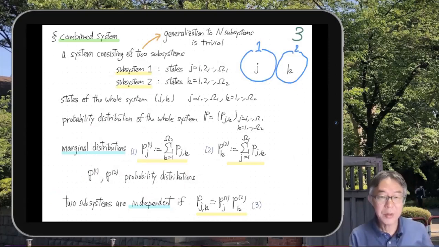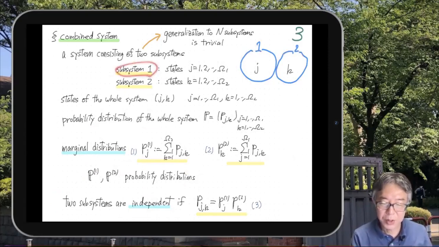Okay. This is an elementary consideration about a combined system. Sometimes you want to consider a system consisting of two subsystems like this. And suppose that the microscopic state of subsystem 1 is denoted as j, and it runs from 1 to omega_1. And the microscopic state of subsystem 2 is denoted as k, and it runs from 1 to omega_2.